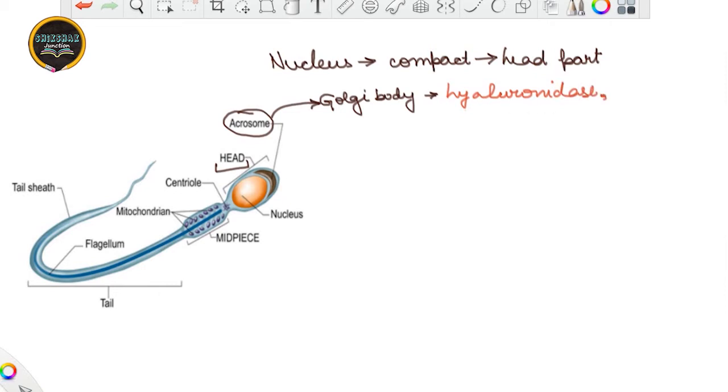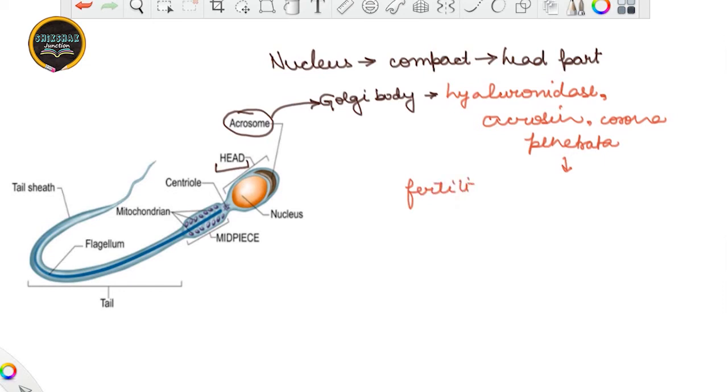Okay, apart from this hyaluronidase enzyme, it contains the acrosin. Okay, this is acrosin as well as corona penetrating enzyme. What is very special about these enzymes? All these enzymes lead to the fertilization of the ovum.